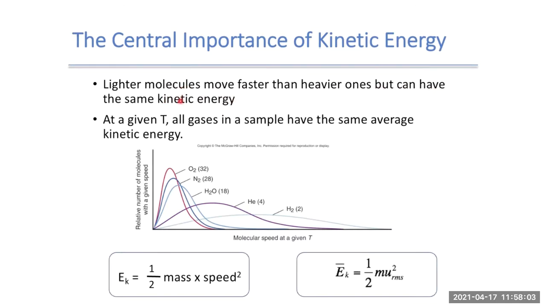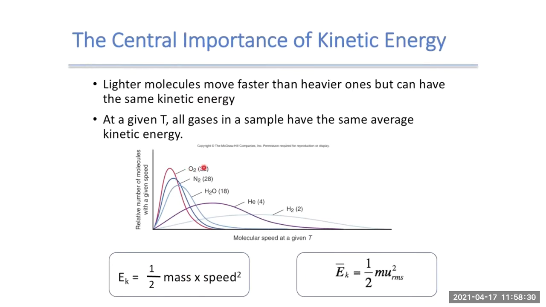They have the same kinetic energy even though the lighter ones are moving faster, because mass plays a part in our equation for average kinetic energy. So at a given temperature, all gases have the same kinetic energy. The speed of it may change, but the mass makes up for that.